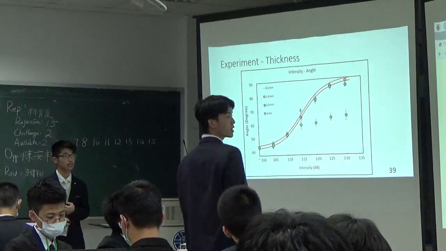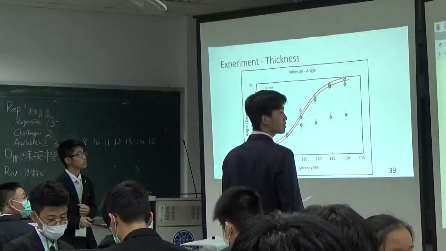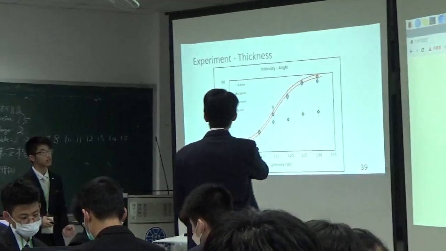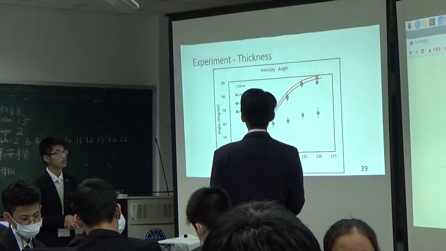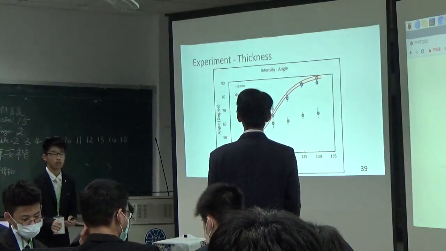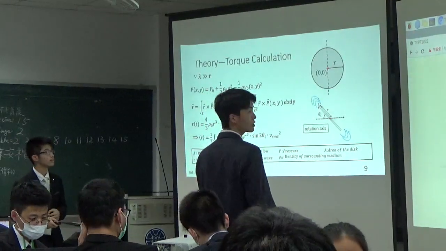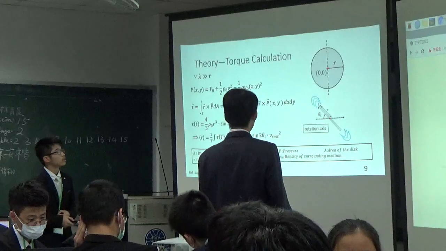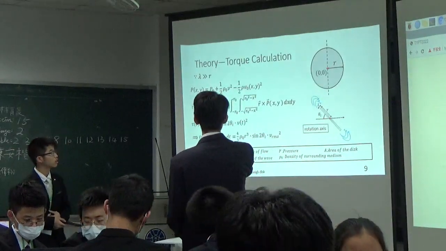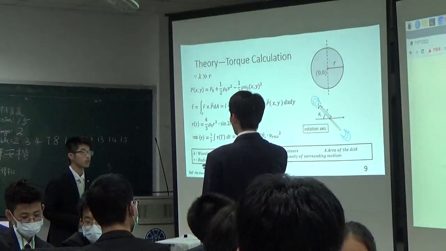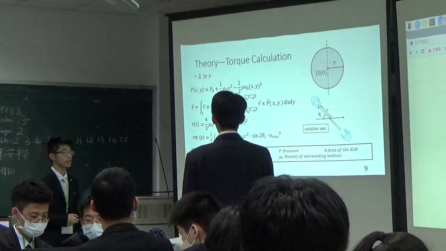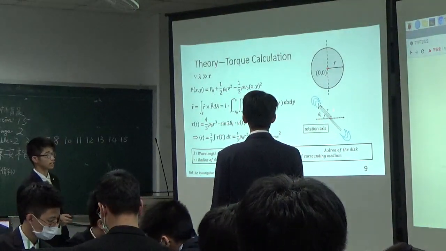And how about the theory? Can you talk about the pressure torque you mentioned? Okay, so the pressure torque will affect the tilting angle of the device. Yes, that's the main reason that causes the disc to rotate.